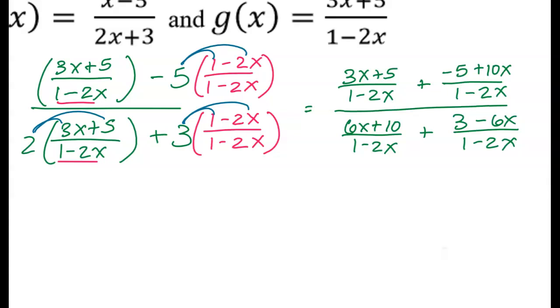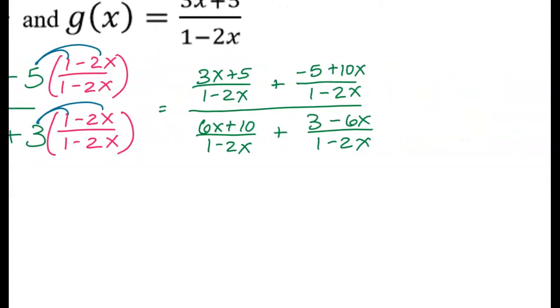And we combine fractions by adding the numerators. The denominators will remain the same. What are my like terms in the numerator? 3x and negative 10x. What else do you notice happens? 5 and negative 5 cancel.